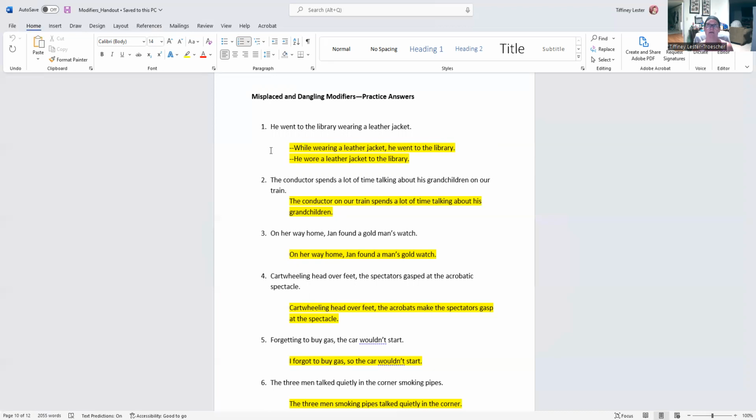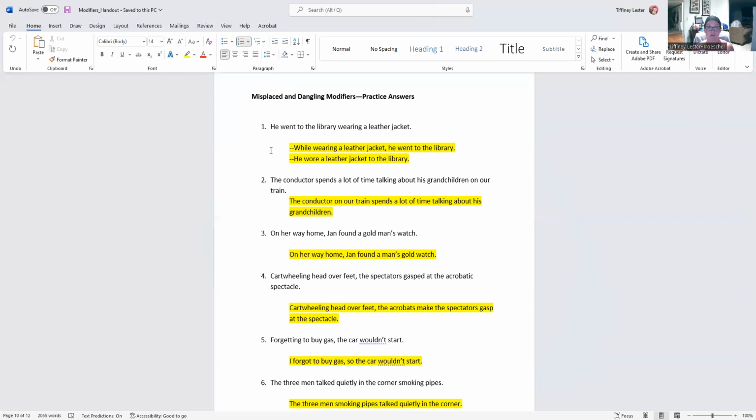More than likely, the he in the sentence was wearing the leather jacket. So what we have here is a misplaced modifier. Because we have the correct subject there in the sentence, the modifier is simply not in the right spot. So you could say, while wearing a leather jacket, he went to the library. Or he wore a leather jacket to the library. Either one is fine.